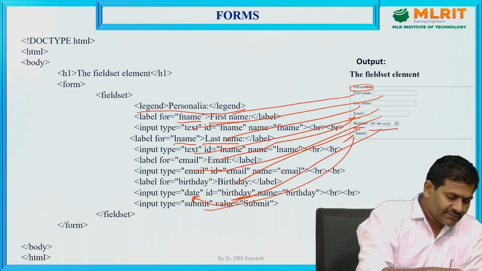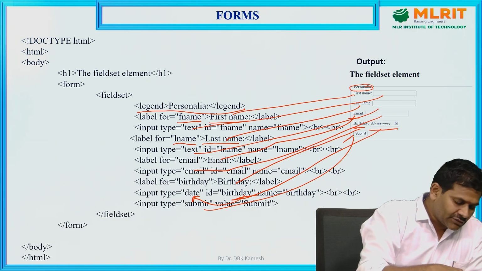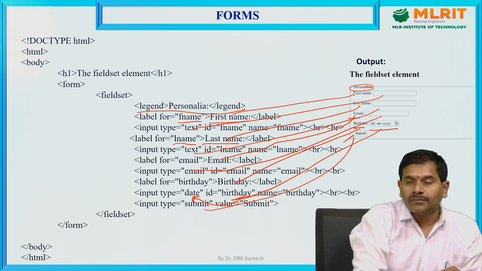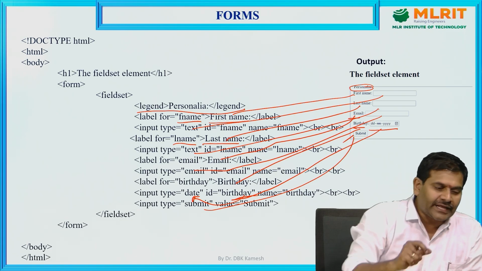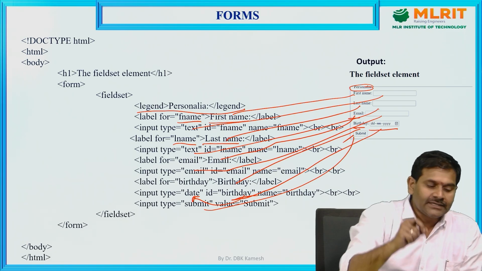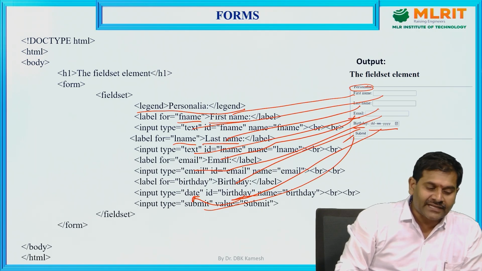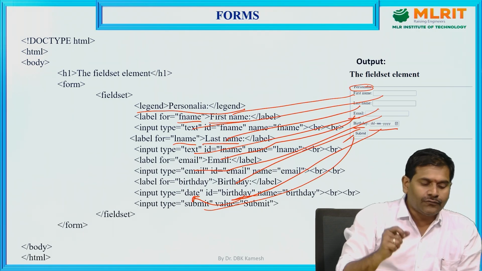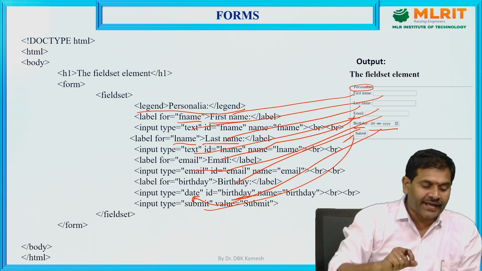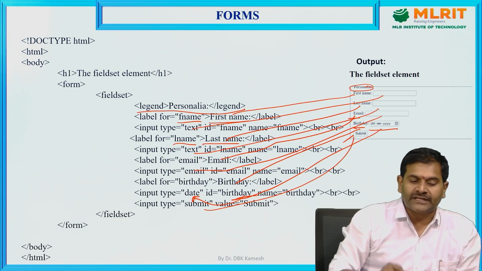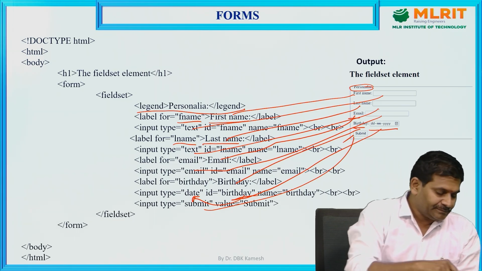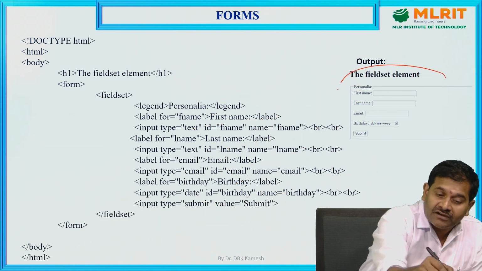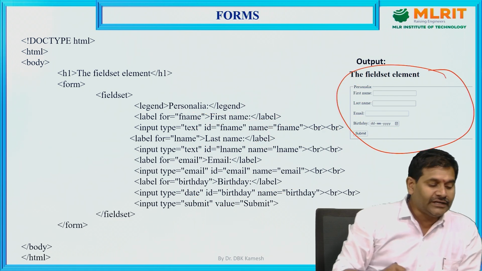See like that. So how many fields are there? There are 1, 2, 3, 4 input tags. The first one is text, the second one is also text, the third one is email, the fourth one is birthday, meaning the date type, and the last one is the submit button. So here we are focusing on the fieldset element.